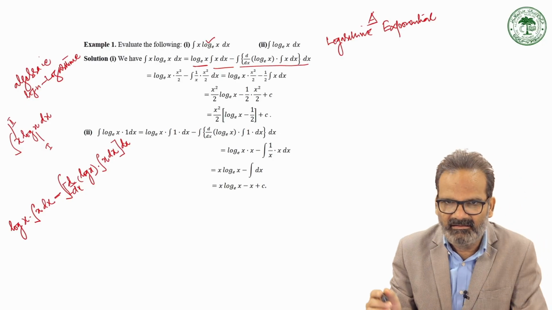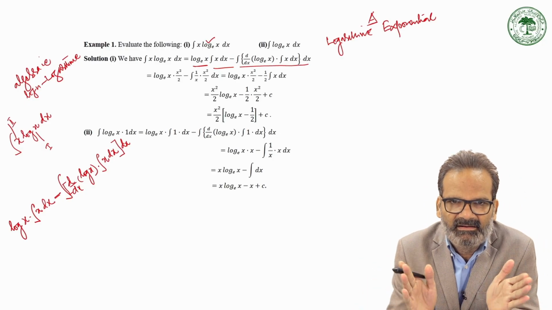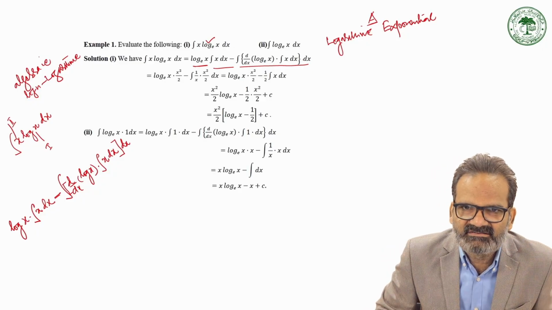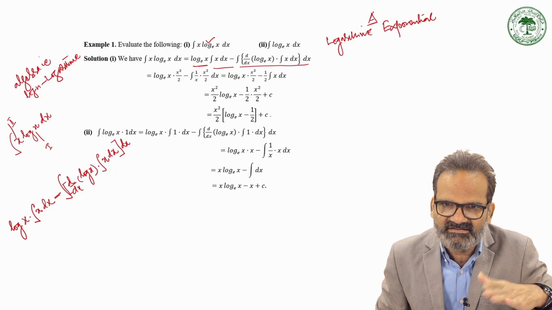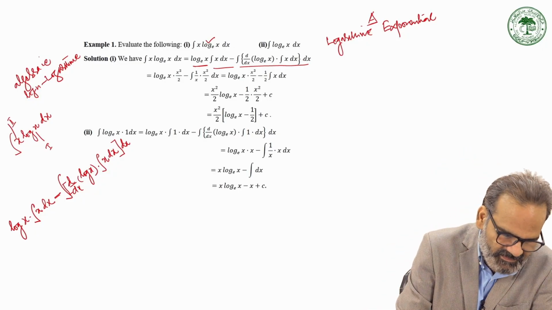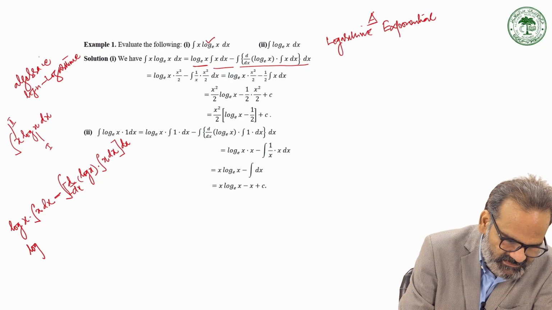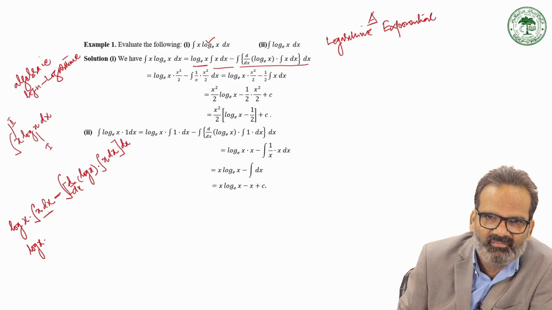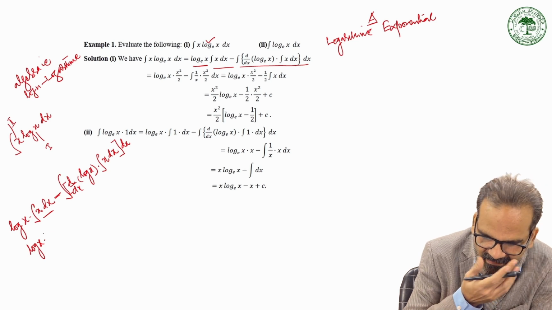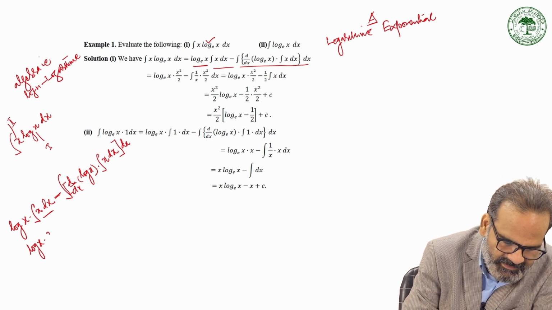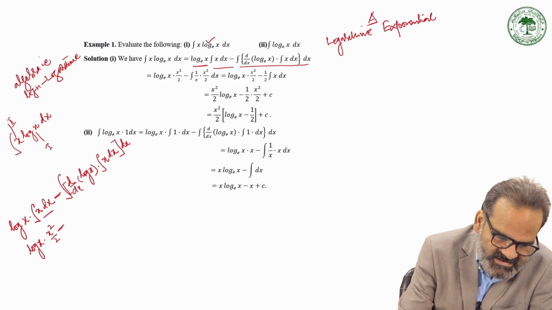In this line we used only the method of integration by parts. Now write down their proper integrals to get the required integral. Log x will remain as it is, and integral of x, by the formula of x raised to the power n, is x square by 2, clear? Minus the integral sign again.